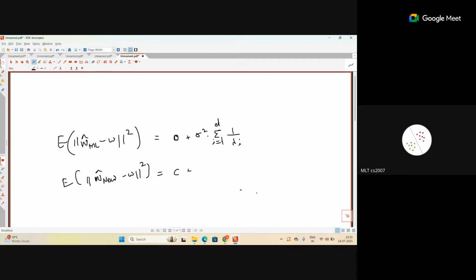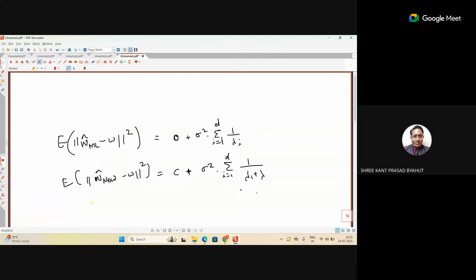We are taking bias square as a positive constant, since it is the square of the bias. The variance is sigma square times the summation of i equal to 1 to D of lambda i upon lambda i plus lambda, squared.